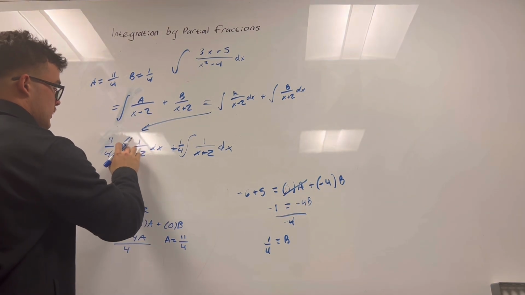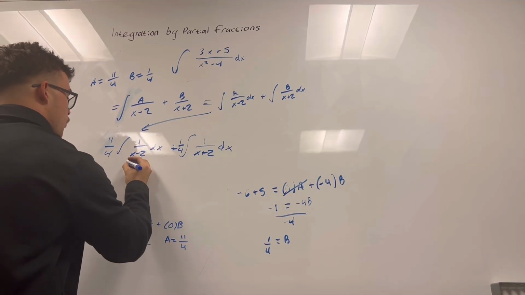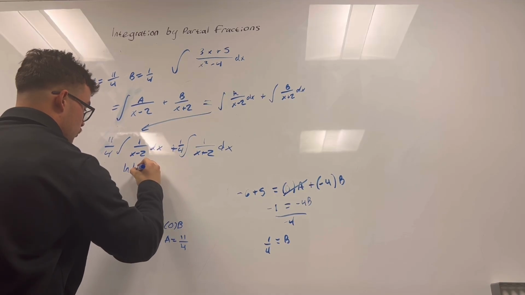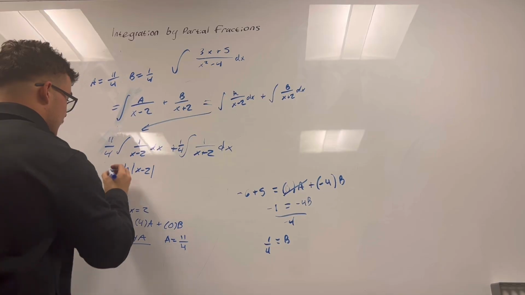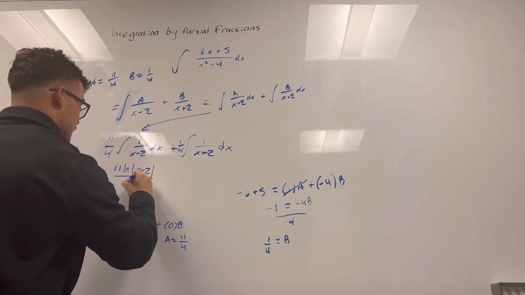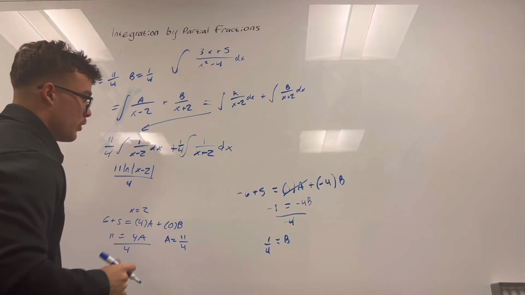So we know that the antiderivative of 1 over x minus 2, well, I think that's just gonna be ln absolute value x minus 2. I mean, that looks good. And then you're gonna multiply that by 11/4. So you can do 11 in the numerator, and then all divided by a denominator of 4.